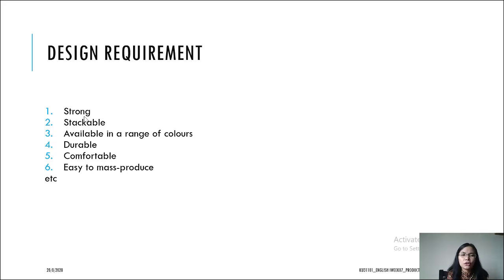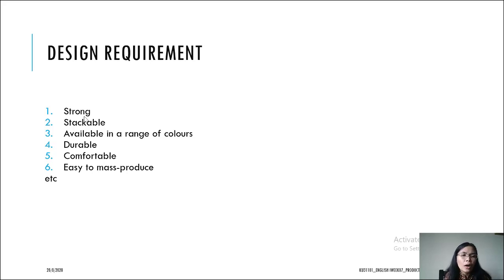Those plastic chairs, you can easily stack up, so it doesn't spend too much space for the storage. Okay, so stackable means you can easily store it in one place without spending too much space. So that's for the stackable.